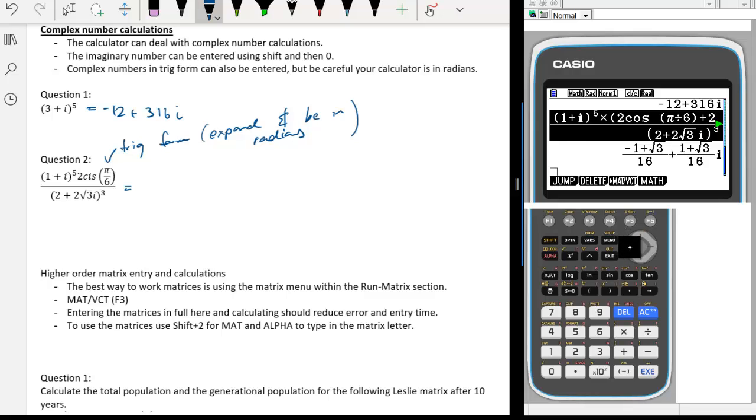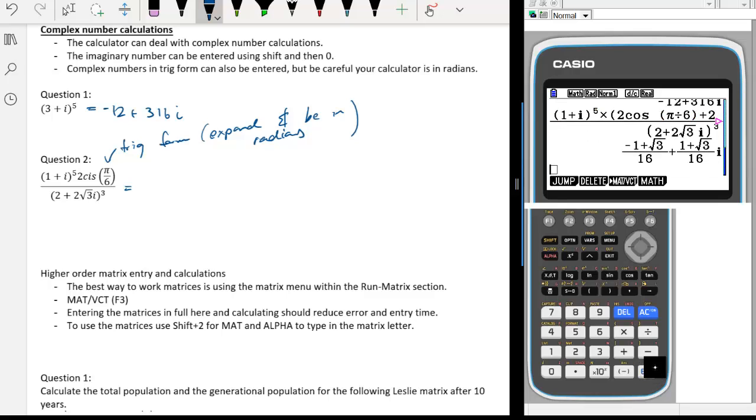Now you just have to be careful that when you've entered this complex number in the trig form, if you just have the bracket and then i, it won't work. It'll have a little bit of a hissy fit. You need to put in your multiplication sign there. So 2 sine pi on 6 times i. When we hit EXE, then we get our answer.